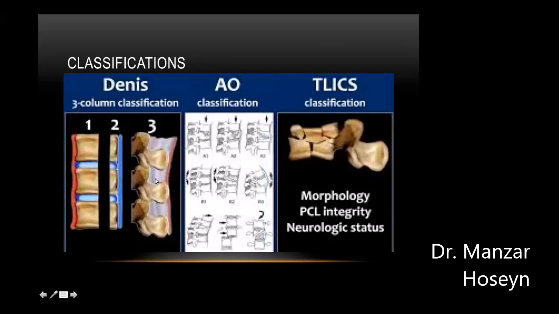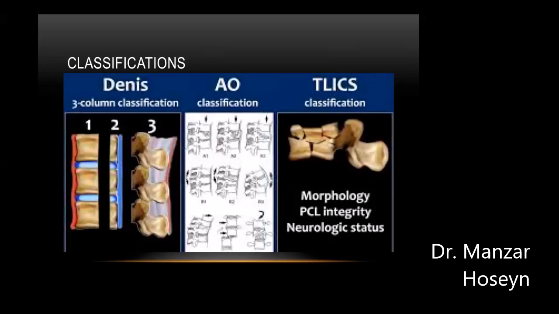In the previous slide, like I mentioned, if more than one column is damaged, like if two columns are injured, meaning two pillars are gone, that spine is unstable. If only one pillar is gone, that spine is generally considered stable. This was a very simple concept, but it does not take into account other factors.